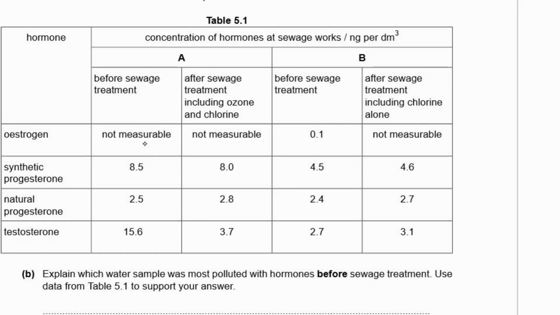You could say B has more estrogen, but everything else there's more of the hormone at A than there is at B. Although natural progesterone, I would say that that is practically exactly the same in both of them. Certainly the progesterone and testosterone, big differences. Okay.